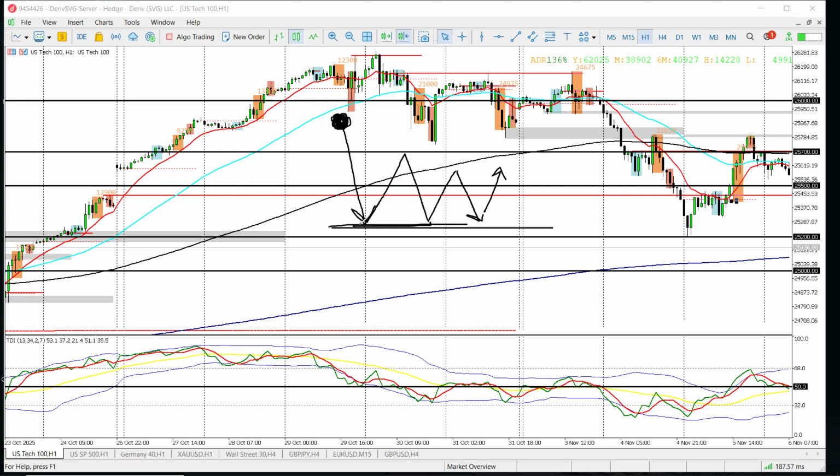Now that we've got two areas where the ball has bounced, on the third time when we see that ball coming to that same area, we can look forward for the ball to push up. Back to price: if you see your price coming back to the same level, chances are price is going to push up. This is your support level.